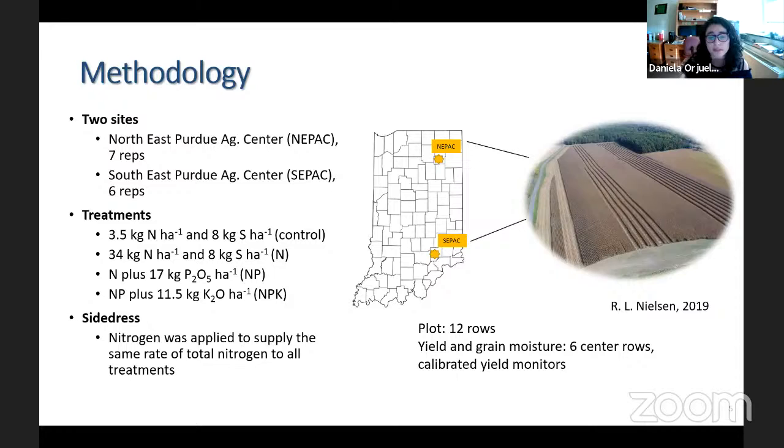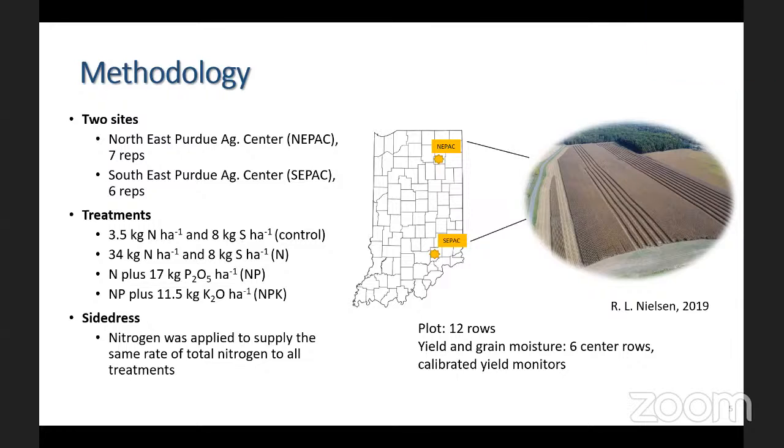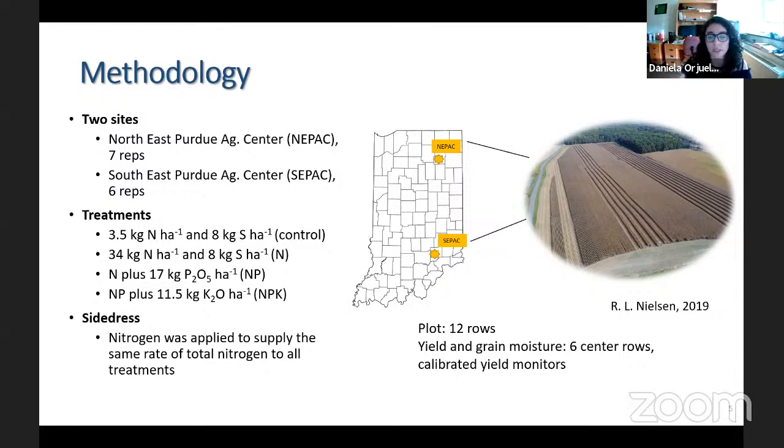For our treatments, and as a control, we place a small amount of nitrogen per hectare. And for all our treatments, we put sulfur, about 8 kilograms per hectare of sulfur to avoid sulfur deficiency in all the sites.